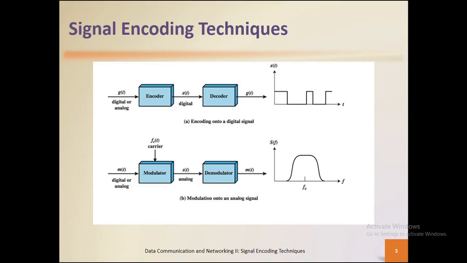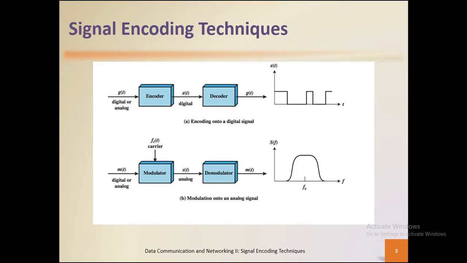Now let's delve a little bit more into it so we can look at the variations within the signal, from analog or digital data to either analog or digital signal form. There of course are going to be a number of conversions going on over here.